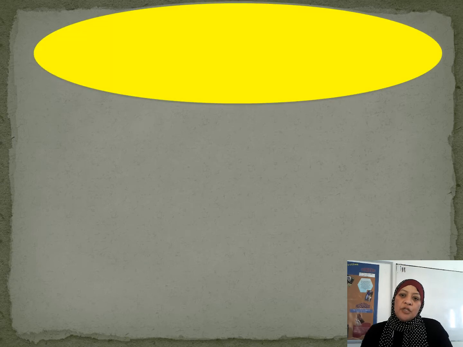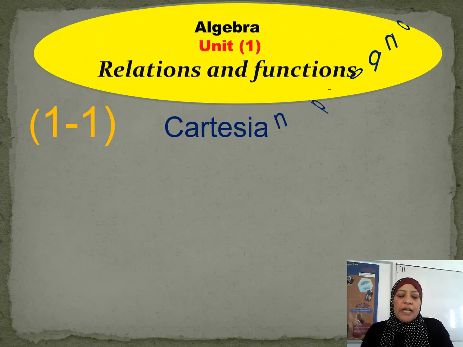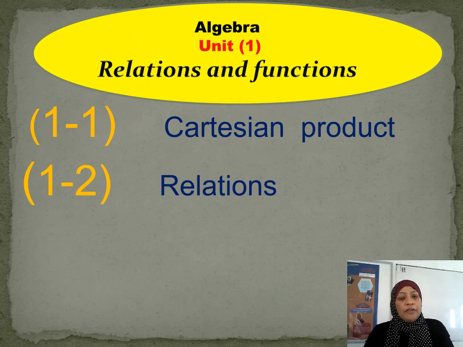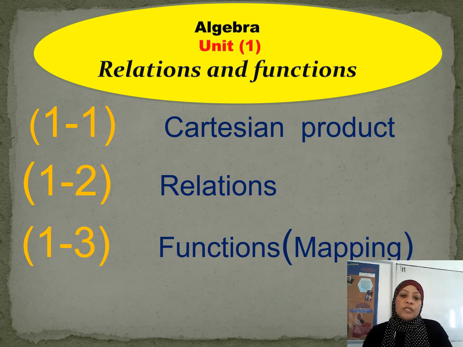Okay. Let's start to introduce our lesson in algebra. Firstly, in algebra we have unit 1, relations and functions. The first lesson is Cartesian product, the second lesson is relations, and the third one is functions mapping.